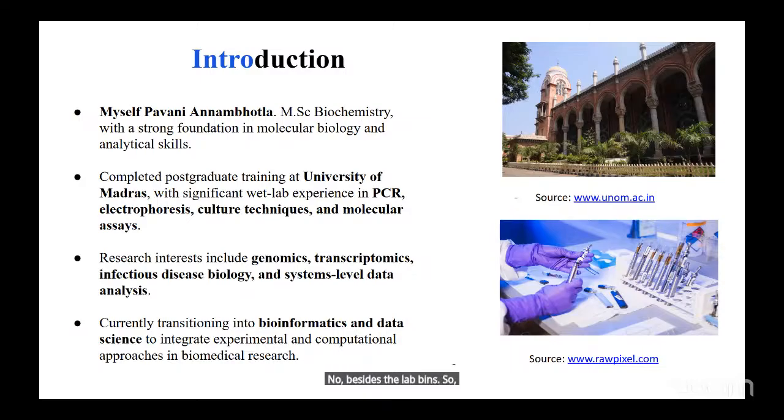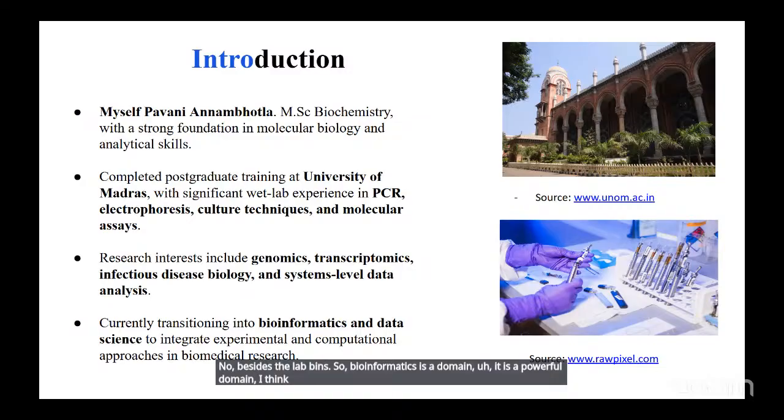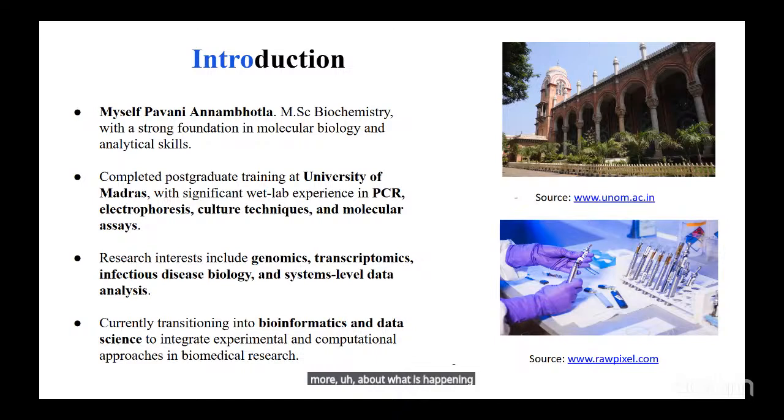Bioinformatics is a powerful domain, I think. It helped me to learn more about what is happening inside a cell.